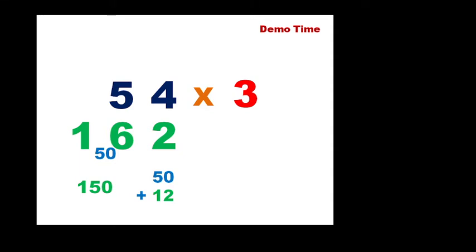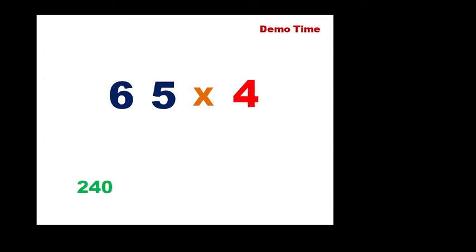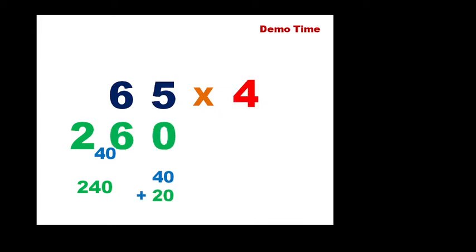Is it easy to multiply from left to right? Can you take this problem? 65 into 4. Exactly correct. So 200 and 60 is the answer. When I say 200, I mean 40 is carry over in my mind.